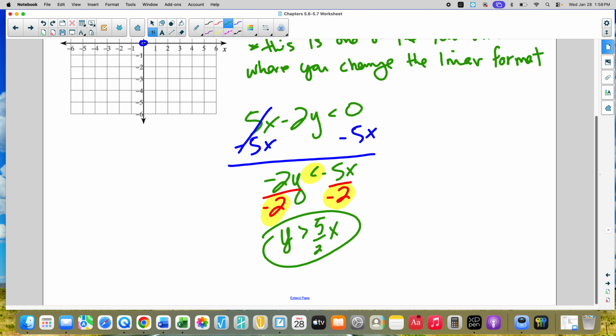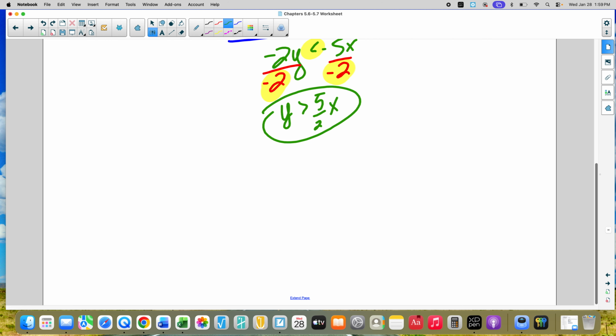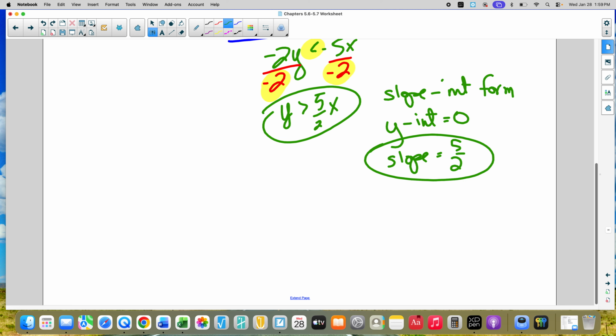This is my linear inequality. So it's in slope-intercept form now. I know my y-intercept is 0 because there's nothing being added to it. And I know my slope is 5 over 2, and that's why I'm doing this. This allows me to plot my second point.